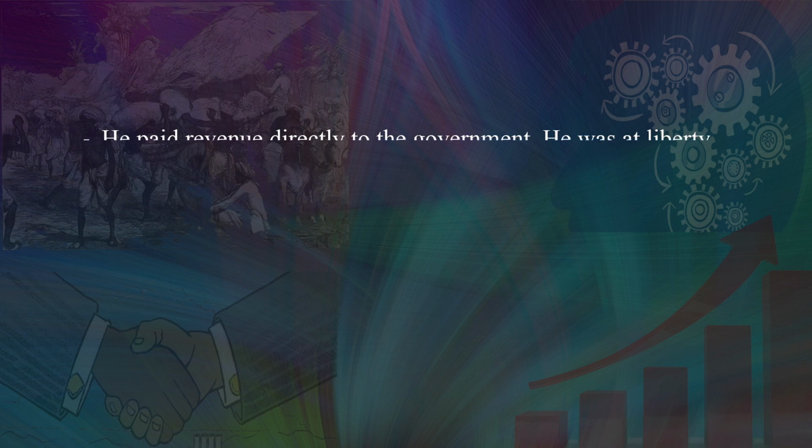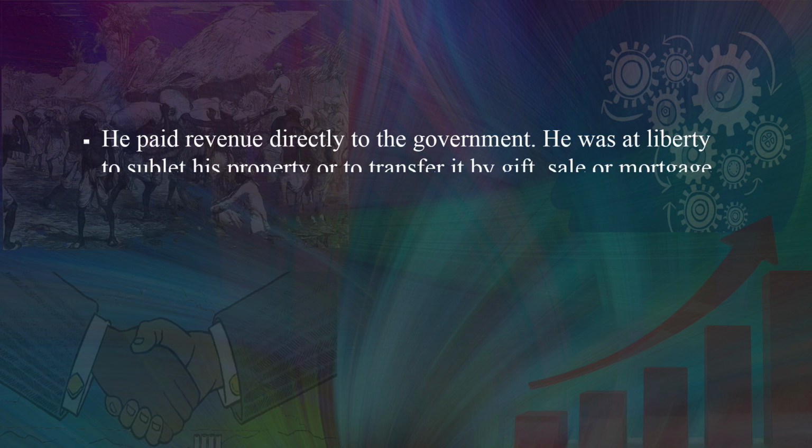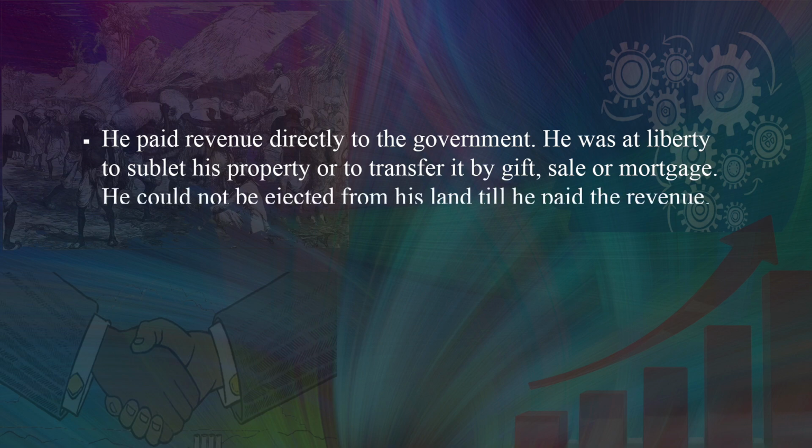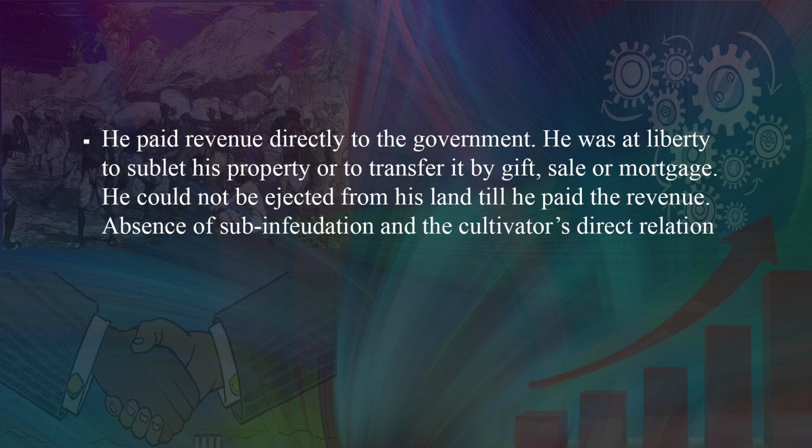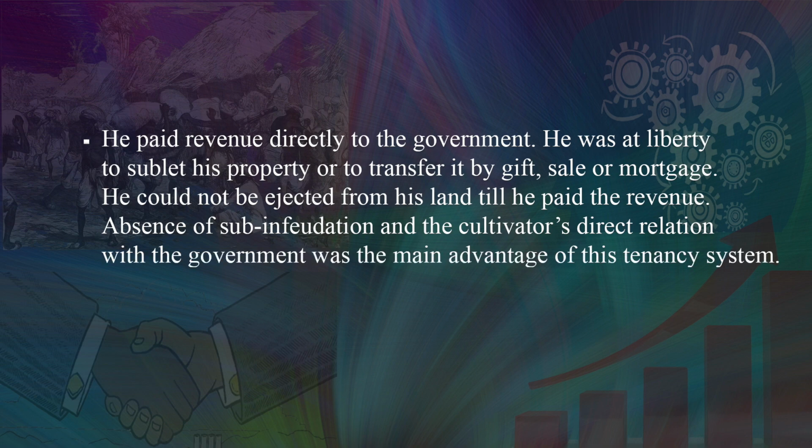He paid revenue directly to the government. He was at liberty to sublet his property or to transfer it by gift, sale or mortgage. He could not be ejected from his land till he paid the revenue.